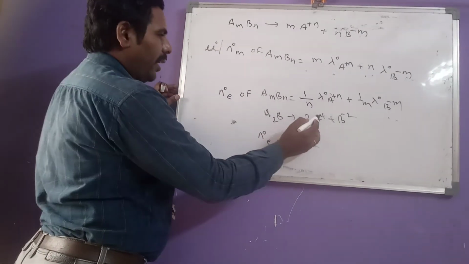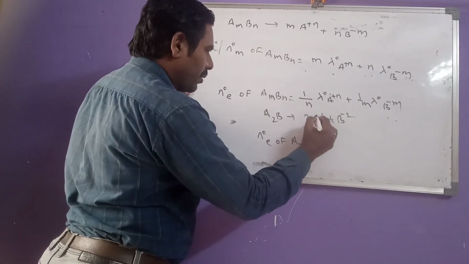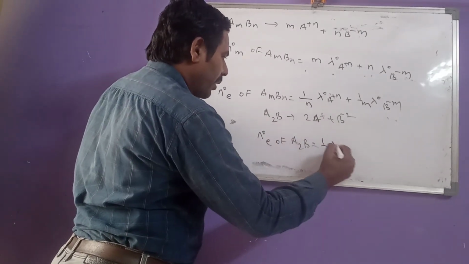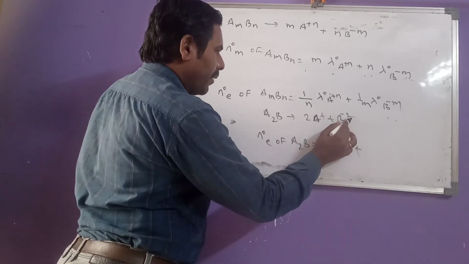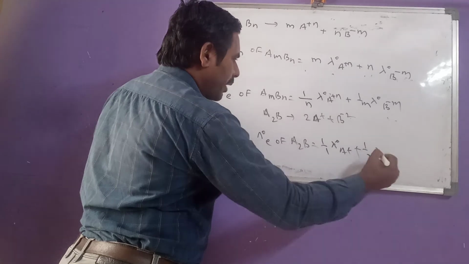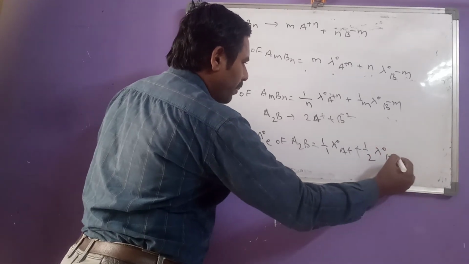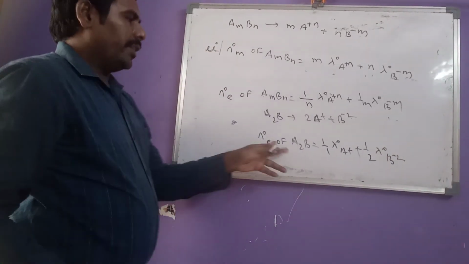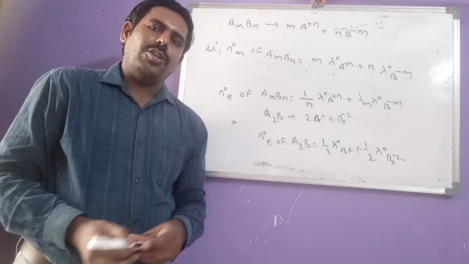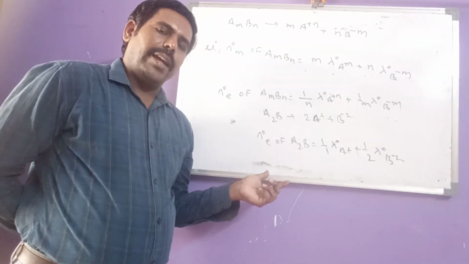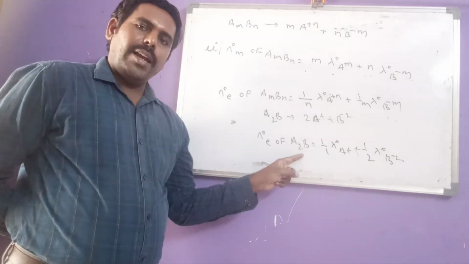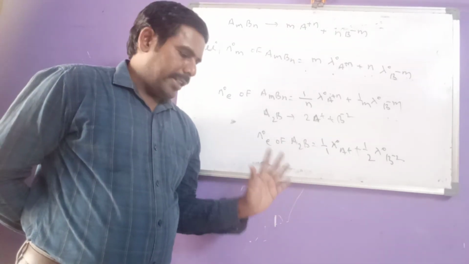As valency of A is plus 1, 1 by 1 into lambda naught A plus, as here valency is 2, 1 by 2 into lambda naught B minus 2. So in this way, one should calculate equivalent conductance at infinite dilution for an individual electrolyte.